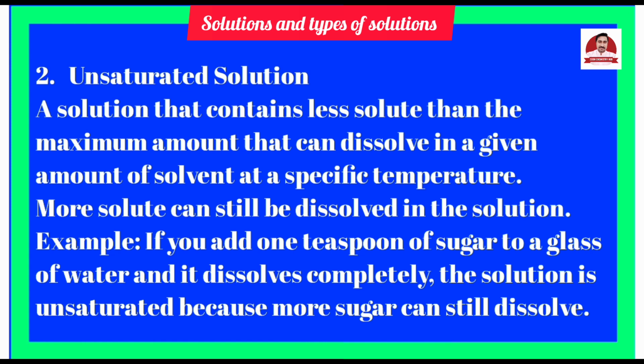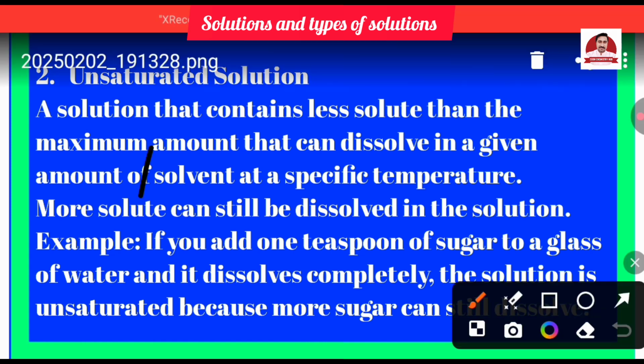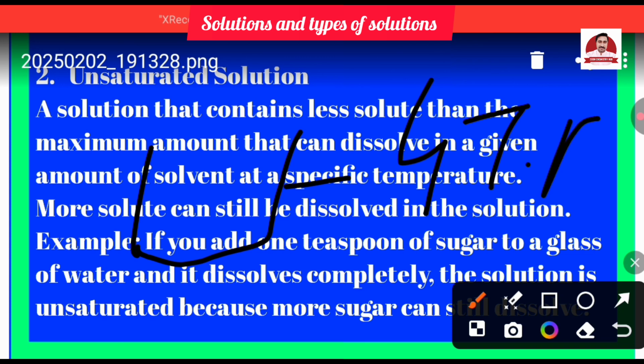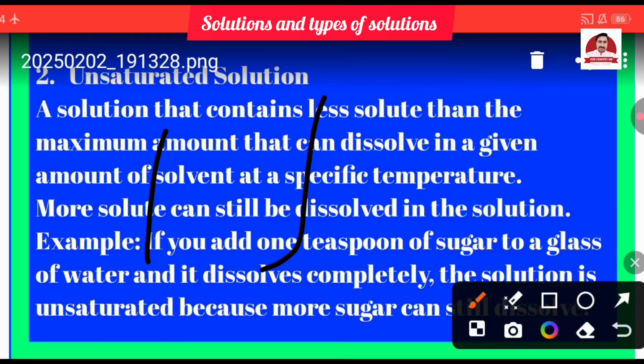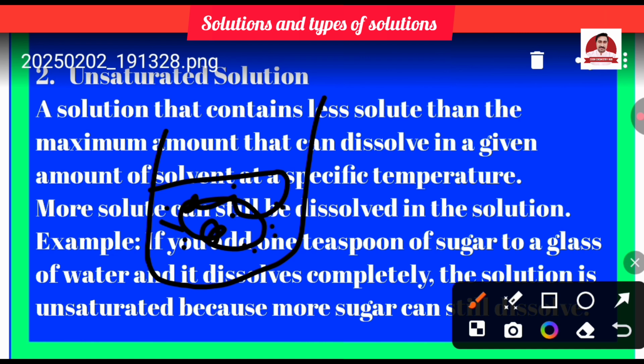For example, suppose a saturated solution can dissolve 4 teaspoons of sugar, and we take another beaker with the same amount of water as we took for the preparation of the saturated solution.